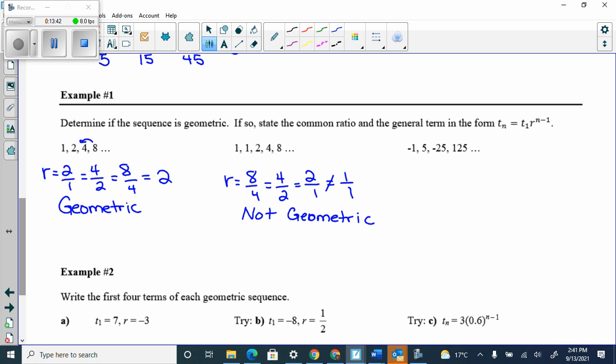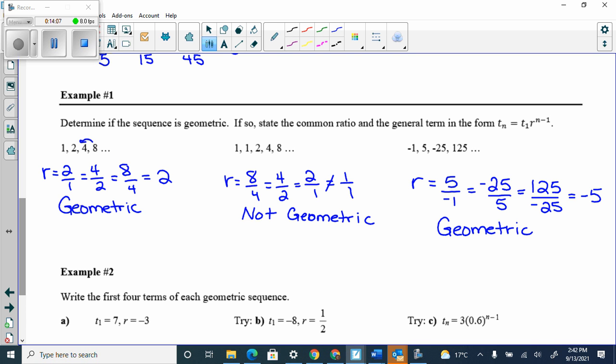You try the last one. You divide them all out, you get negative 5 for your r, so it's geometric.